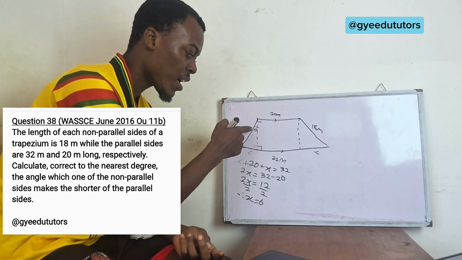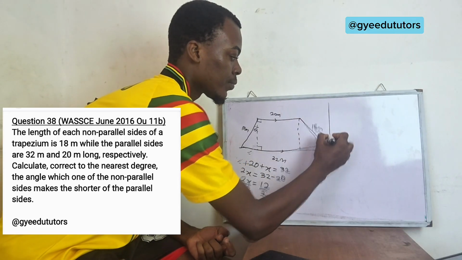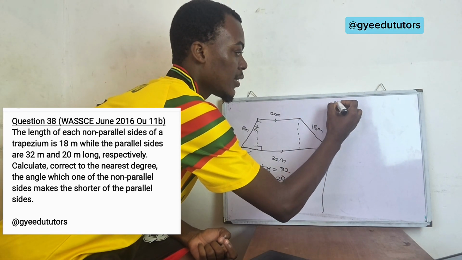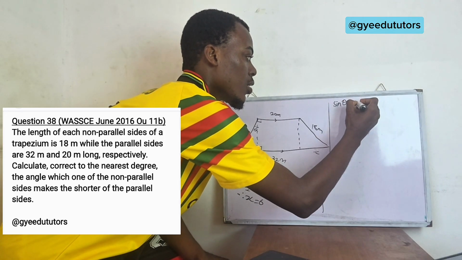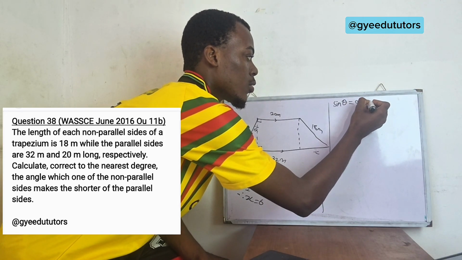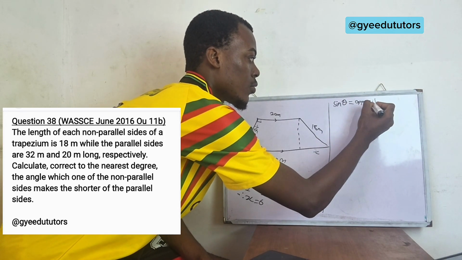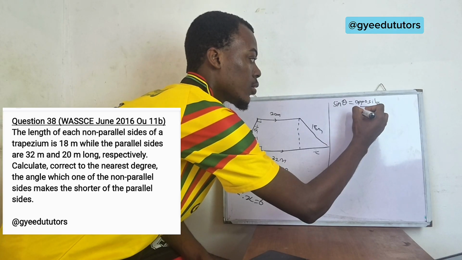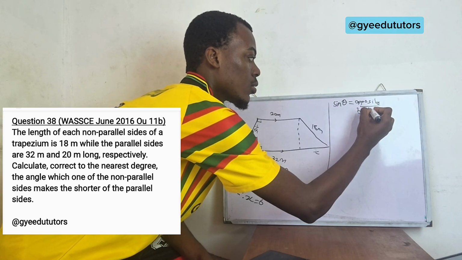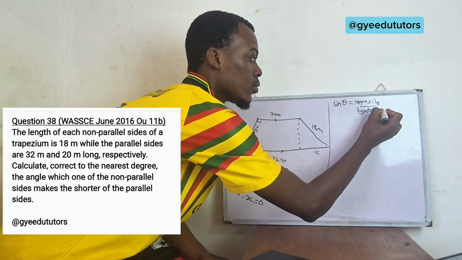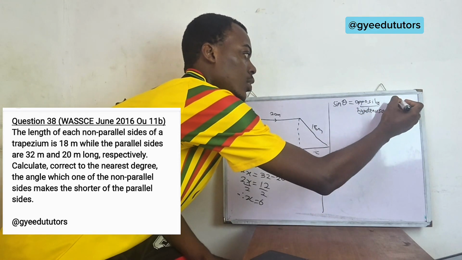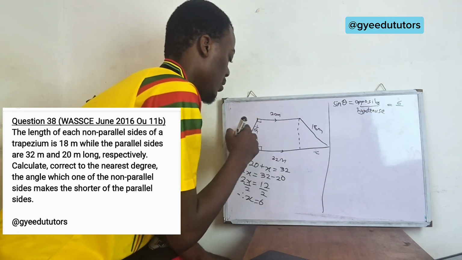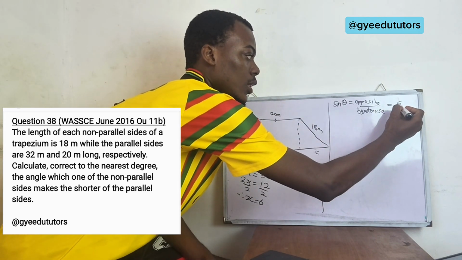So sine theta is equal to opposite over hypotenuse, which is our x, 6, over 18.